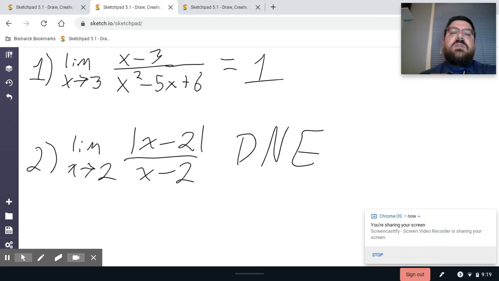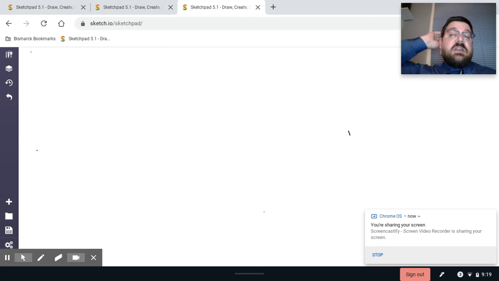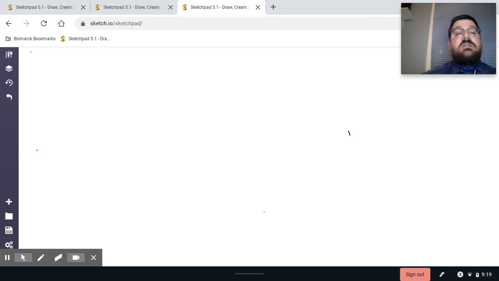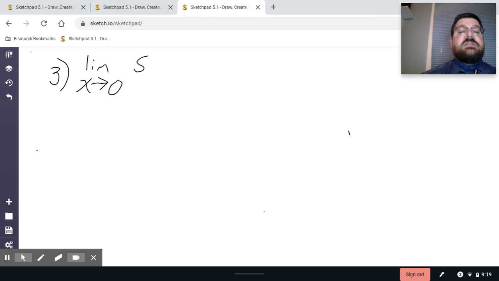All right, on to our third example. And for this one, we're going to look at a pretty useful and popular limit, one that comes up a lot in applications of limits to do derivatives.